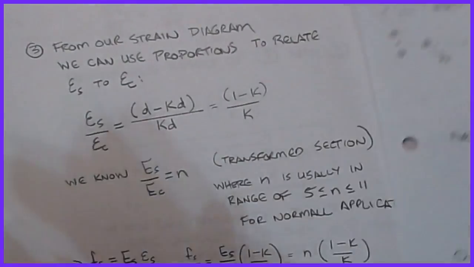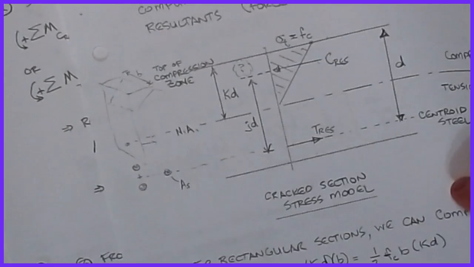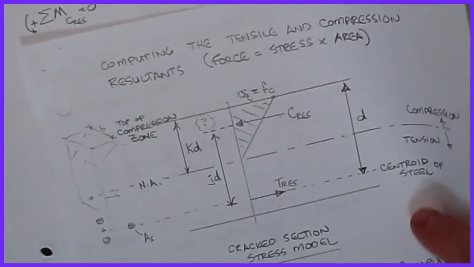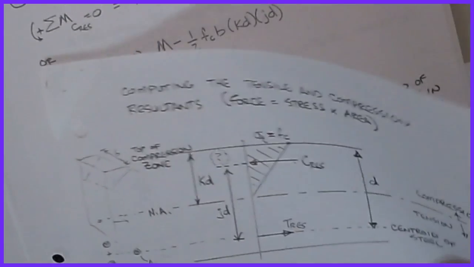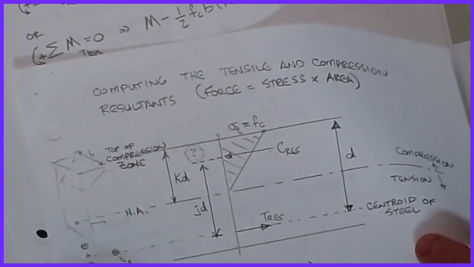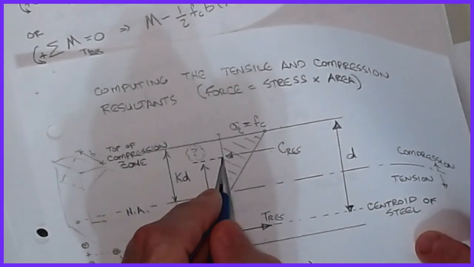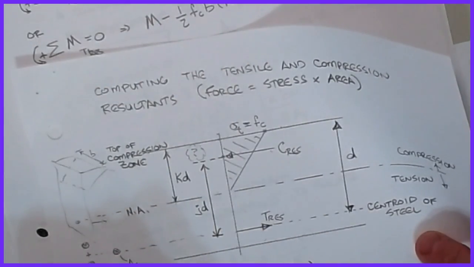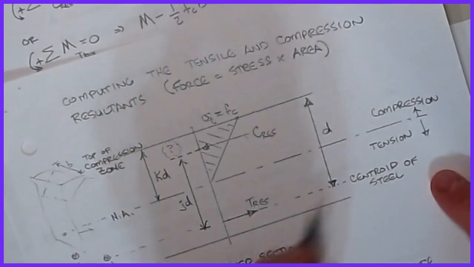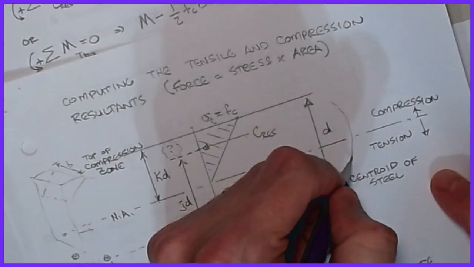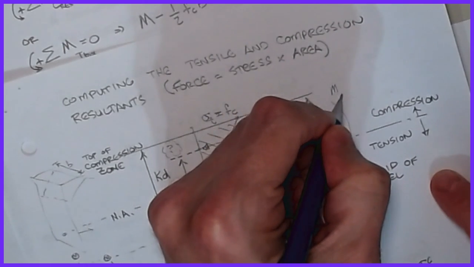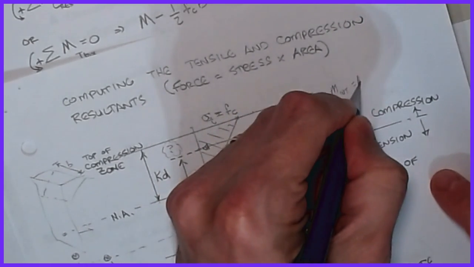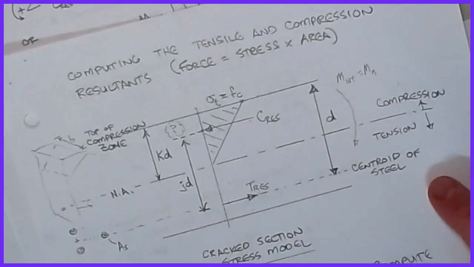Okay, now going back and again looking at our picture, all we're going to do now is sum the moments on this. We're going to sum moments around the resultant, because this whole section is being subjected to some internal moment, which we're going to affectionately call M_n, a nominal moment associated with that.